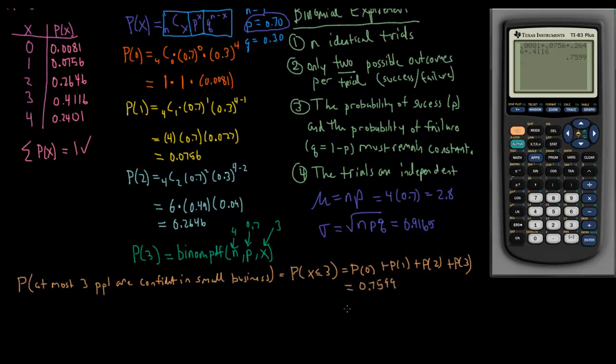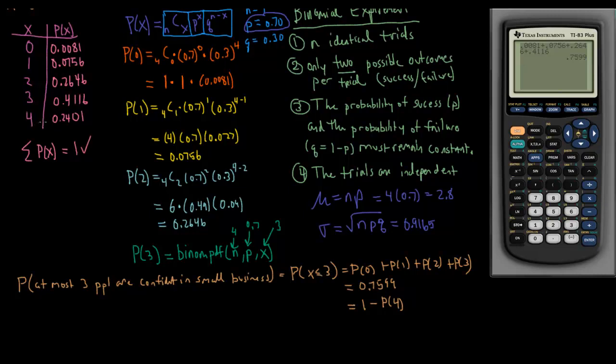Now, what do you notice that is also equal to? That is equal to 1 minus the probability of 4, because x equals 4 is the complement of x is less than or equal to 3. Remember what the complement means. If x is less than or equal to 3 is one event, everything in the sample space that's not in that event is the complement. Well, the only thing not included in x less than or equal to 3 is x equals 4.